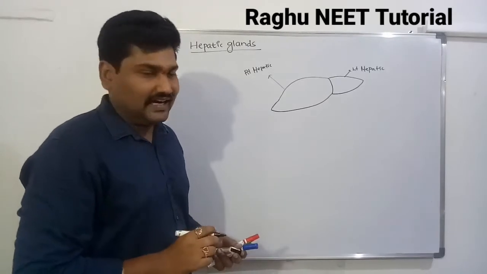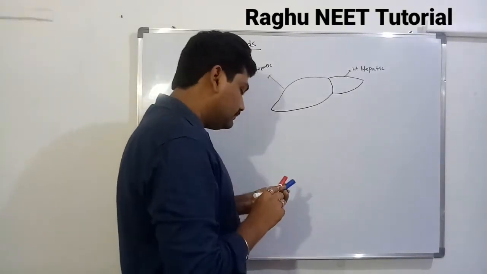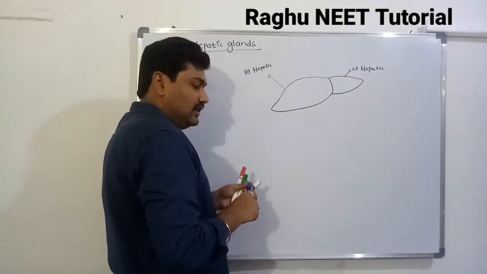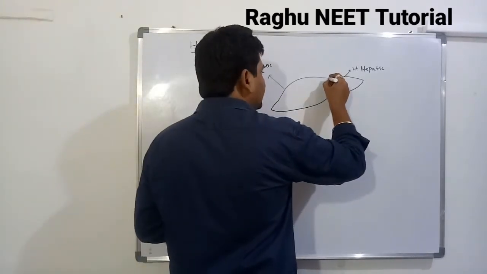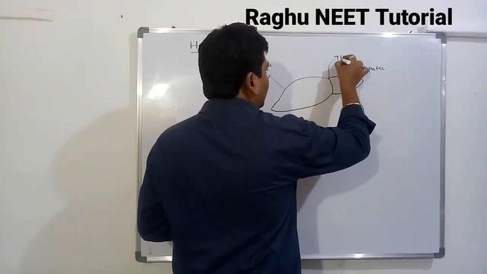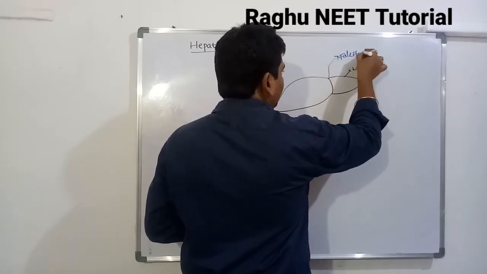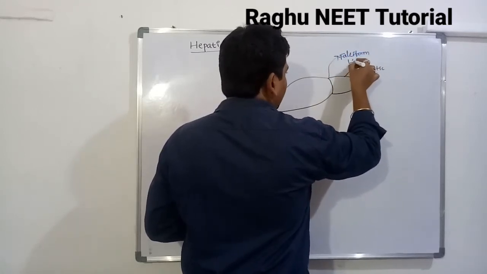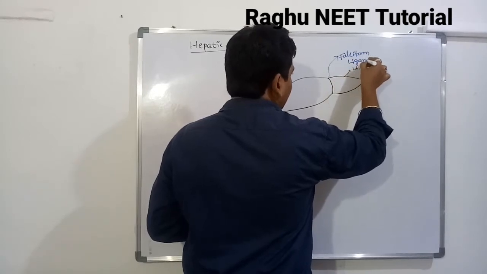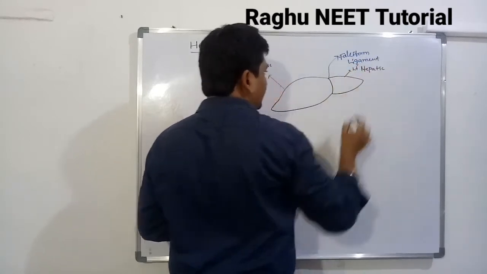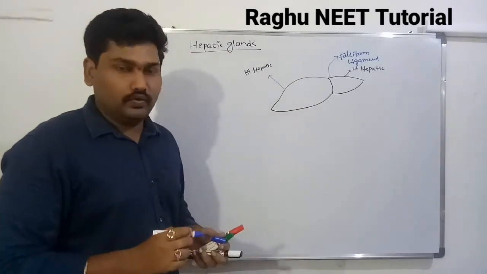That membrane is called the falciform ligament. This falciform ligament is useful for connecting the two lobes.